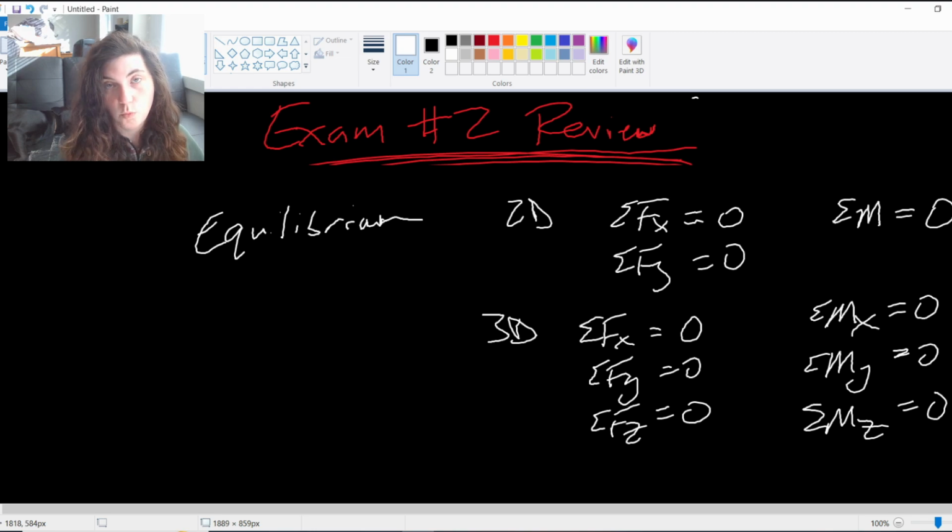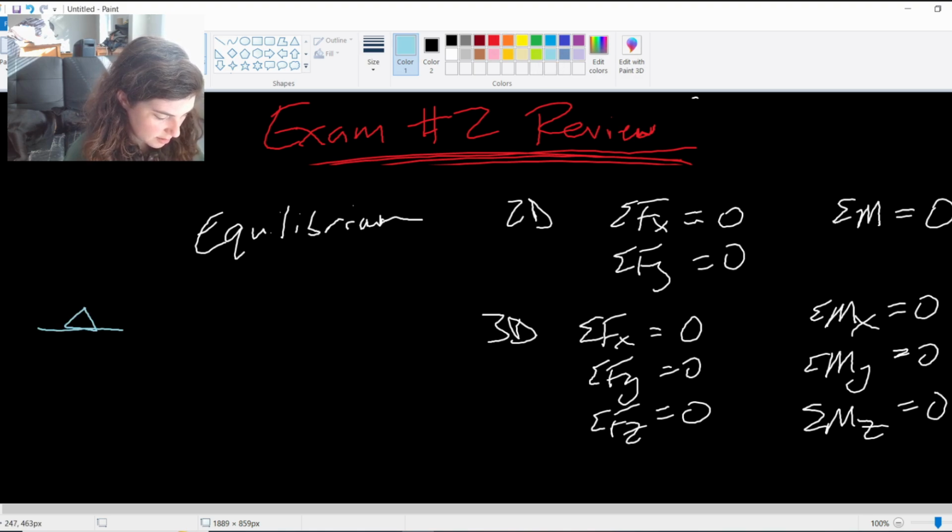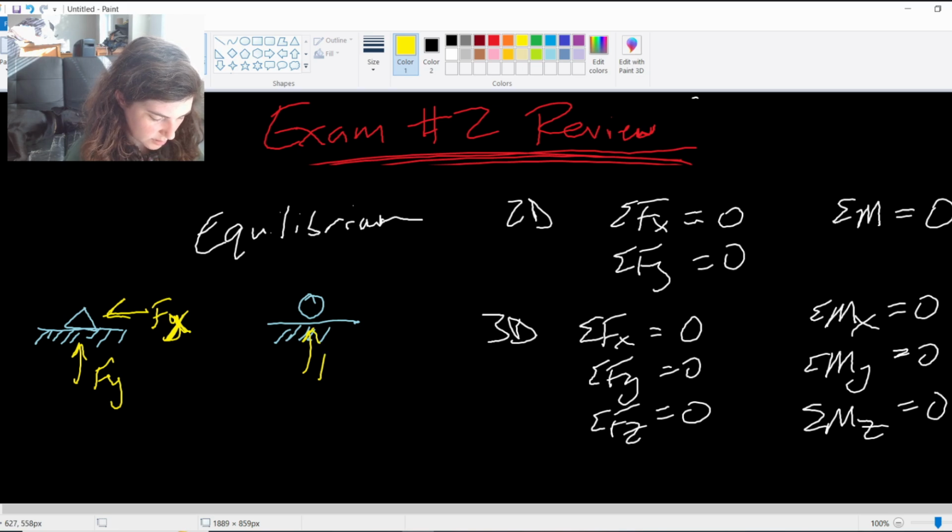So one thing that I won't give you for these is the reaction forces themselves. So you will need to know if you're given, say, a pin, right? A pin in 2D or in 3D, that a pin has reaction forces in the x and y directions. Or that a roller has just a normal force type reaction, right?